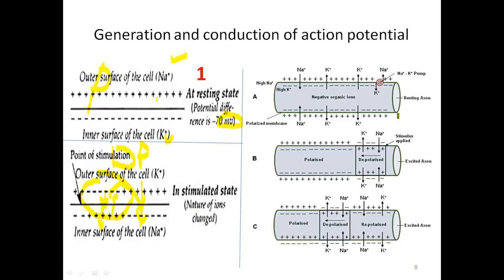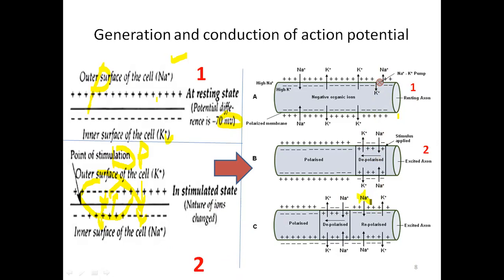Now in this diagram also you can see this is the resting potential, where there are more potassium ions inside and more sodium ions outside, and here you can see the stimulated state. When sodium channels open up, sodium enters in and causes depolarization. After a millisecond, potassium channels open and potassium starts moving out, and current from this area moves to the next area where there is opening up of the sodium channels.